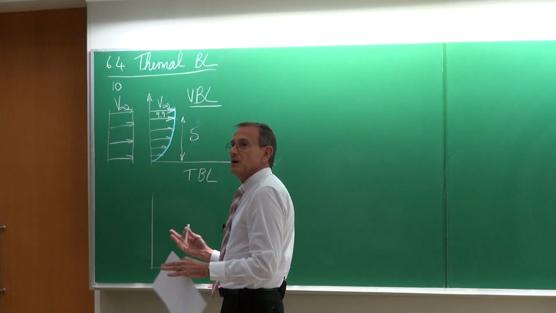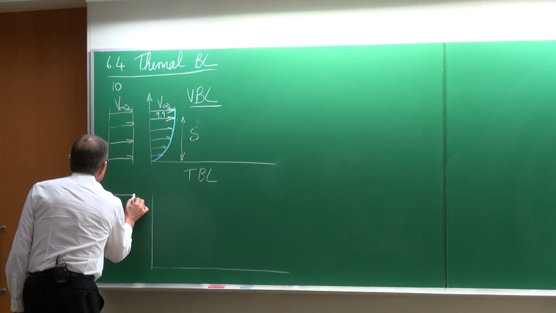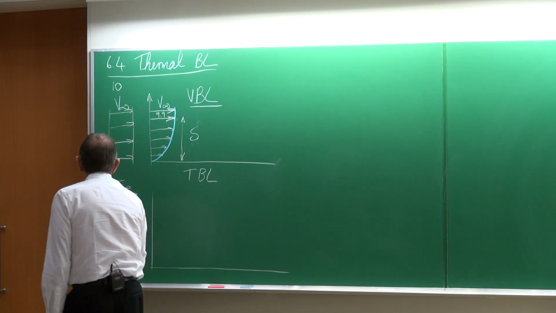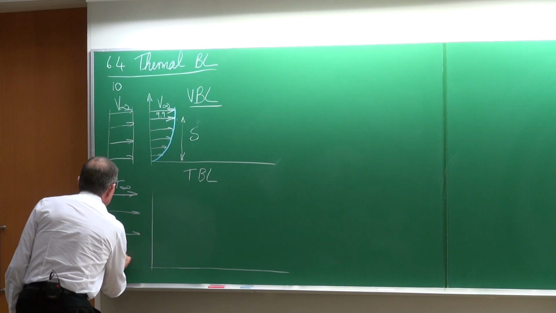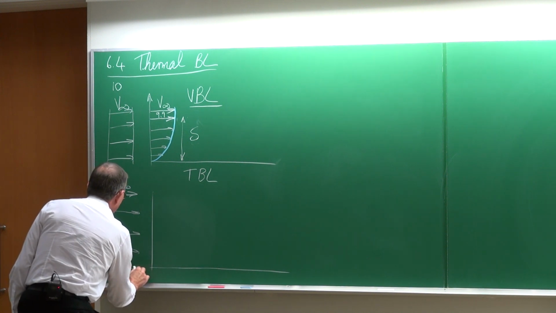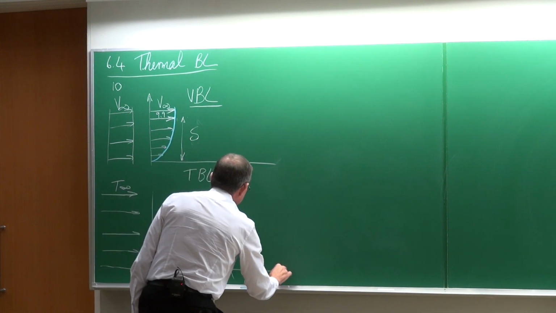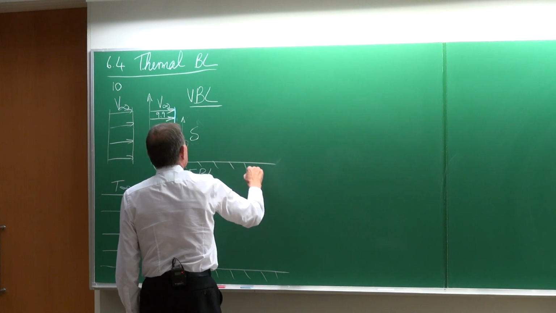The principle is very similar if we've got a free stream, but now at a certain temperature, T infinity, and uniform to a flat plate or a surface. So that again is a flat plate like that.